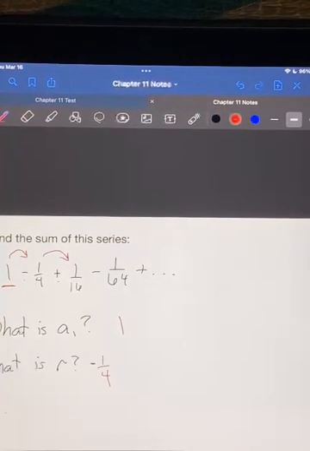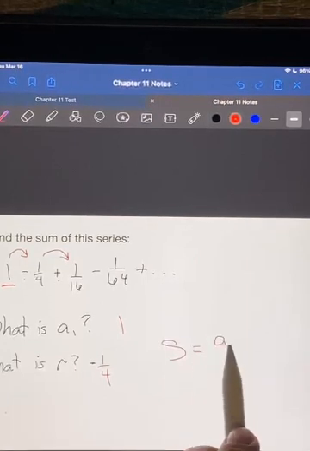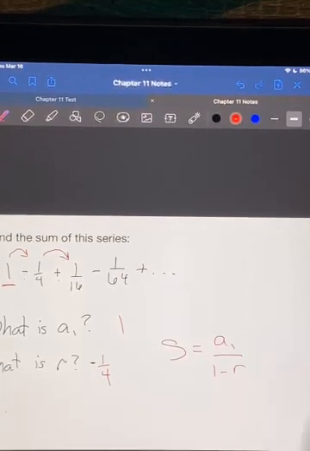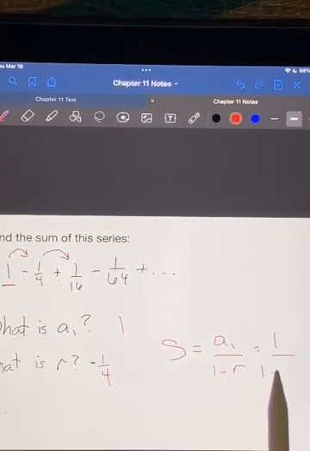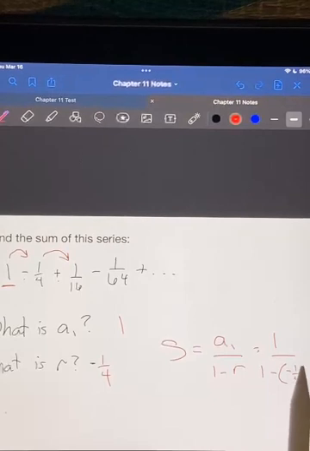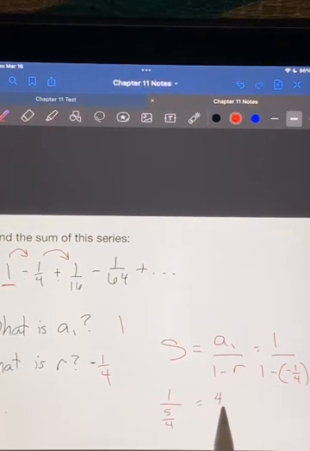So now we have everything that we need to plug in. We know that the sum of that series is going to be a sub 1 divided by 1 minus whatever our r is. Our a1 is simply 1. 1 minus, use parentheses if need be so that we don't lose those values there. Okay, so I've got 1 divided by 1 plus 1/4, so I've got 5/4 on the bottom.